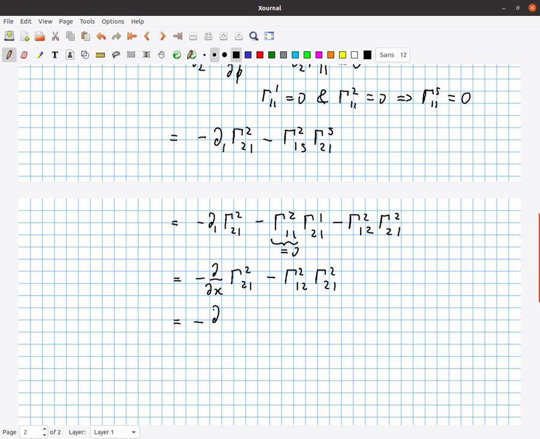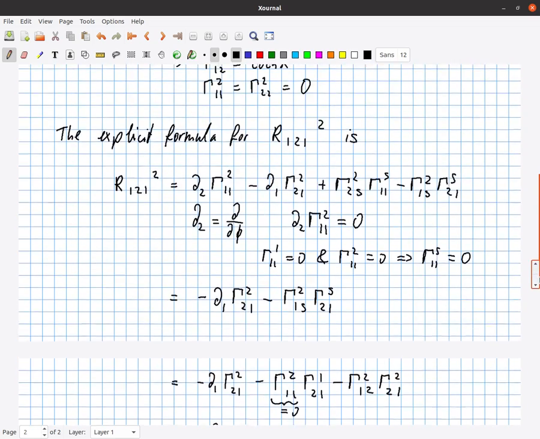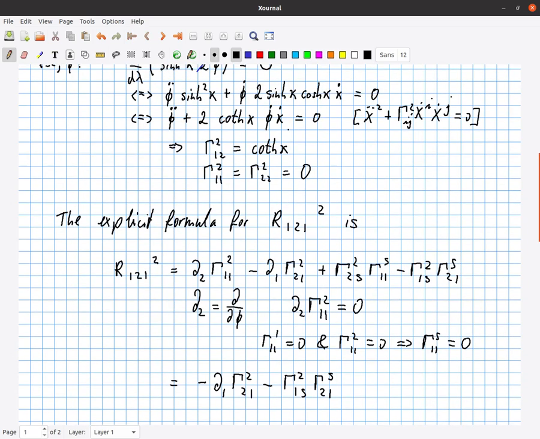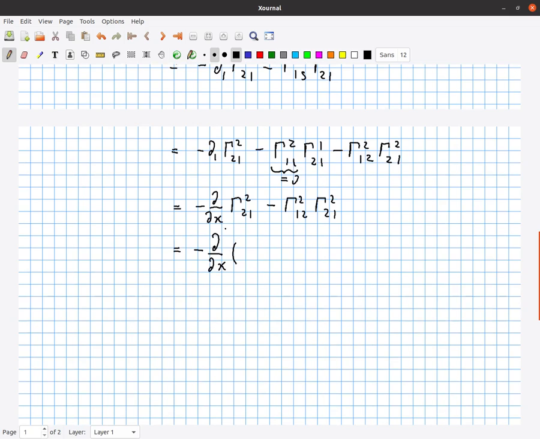And now we substitute in the answers for our Christoffel symbol components. Gamma 2, 2, 1, cotangent hyperbolic kappa, minus, is this the same component as here, cotangent hyperbolic kappa squared.